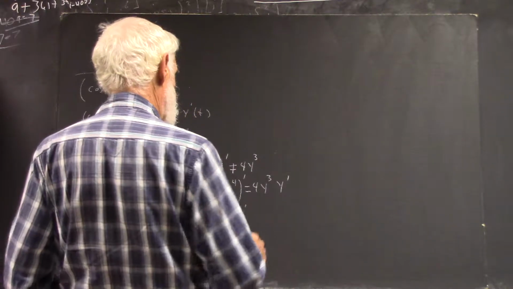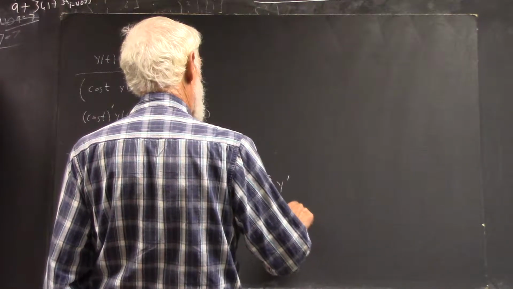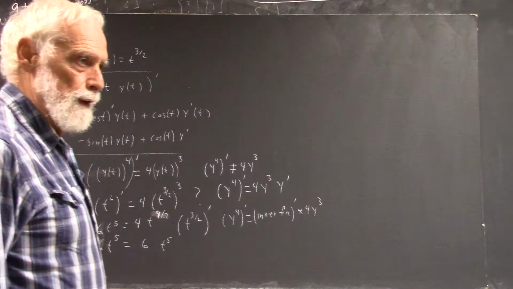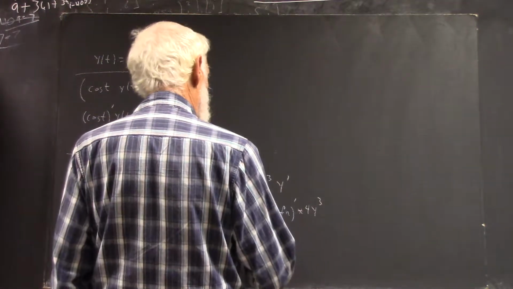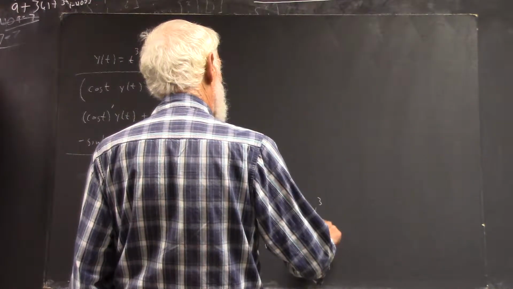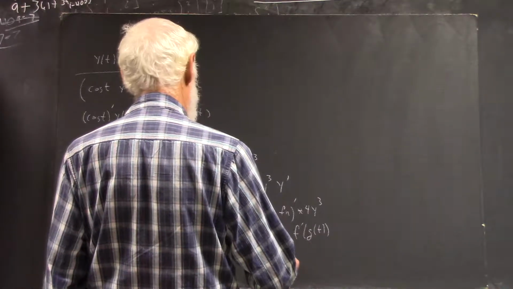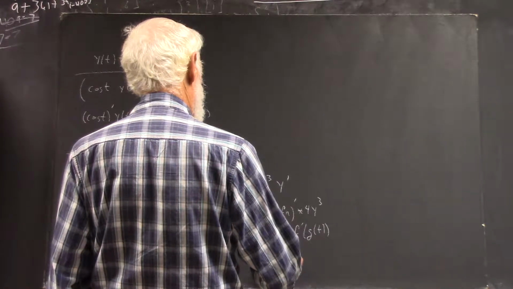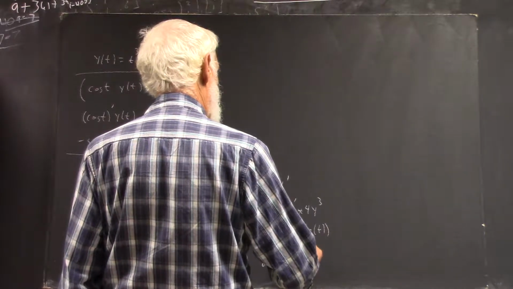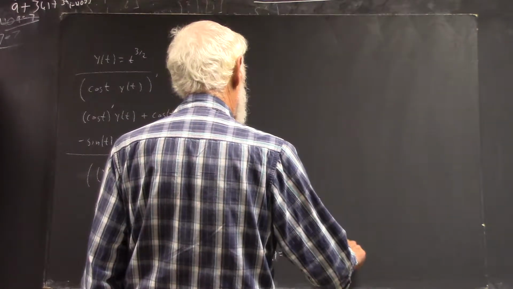It's analogous to your g prime of t times f prime of g of t, where g of t equals your y of t, and f of x equals x to the fourth.